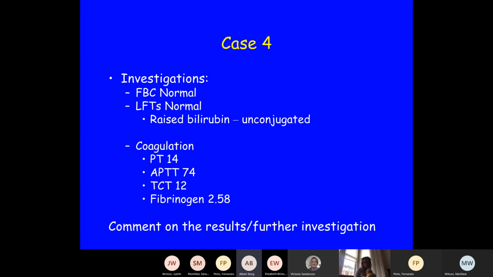Did they get vitamin K? What would you have expected with the vitamin K deficiency? The main abnormality in a coagulation screening, if this is a vitamin K problem. But that's a good question.